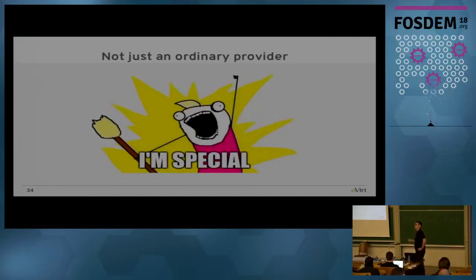When you install oVirt Engine and you configure it, you can specify the oVirt provider OVN to be installed along with the oVirt Engine. It will be automatically configured. It will set up all your keys, all your connections. It works out of the box.